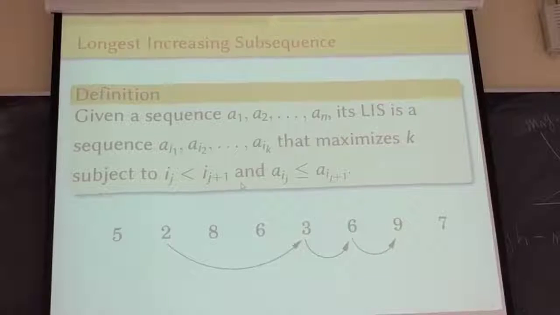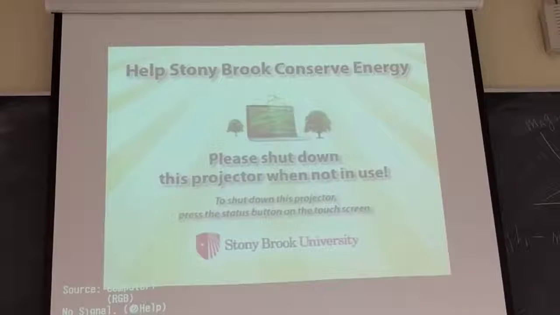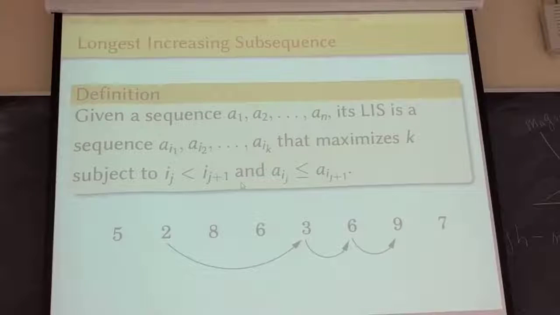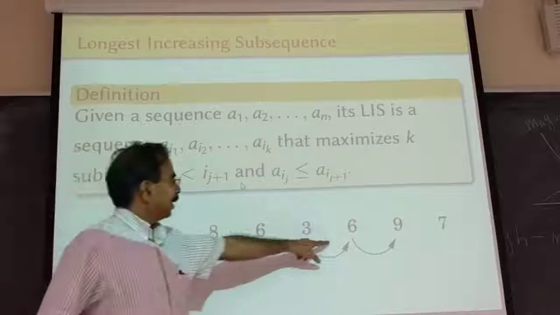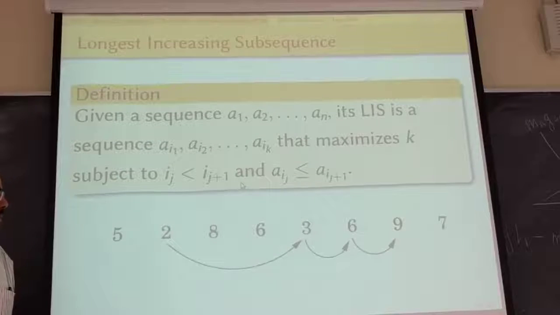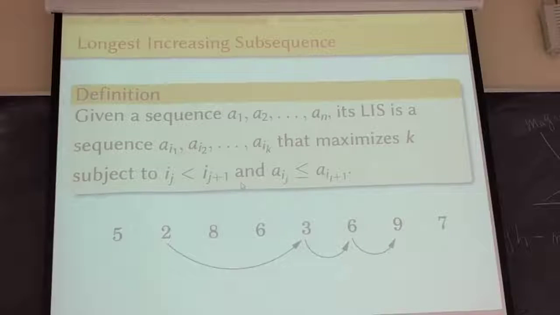So increasing subsequence means every successive number in the subsequence is in increasing order, and the question here is: what is the longest increasing subsequence? That's what we want to solve.